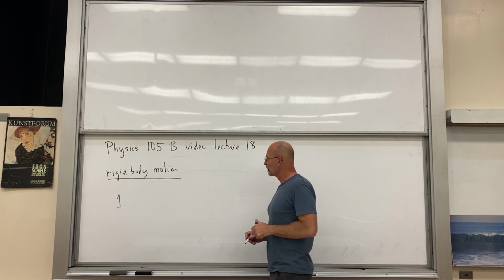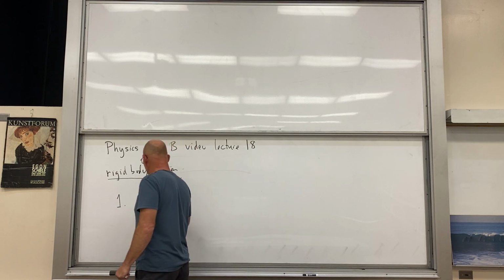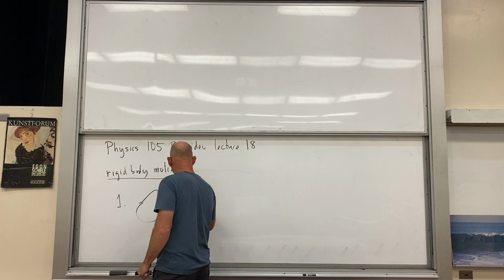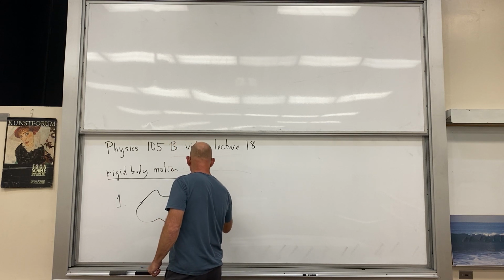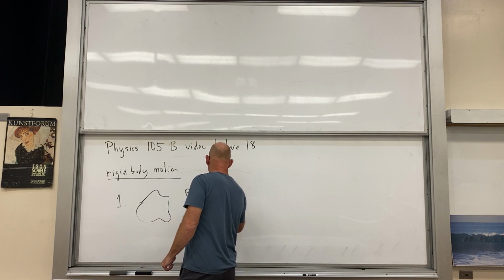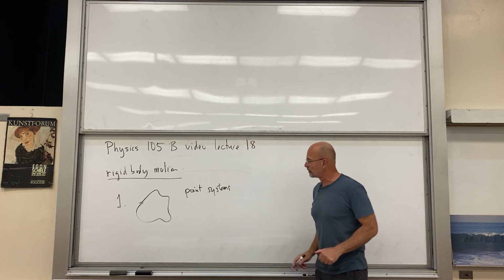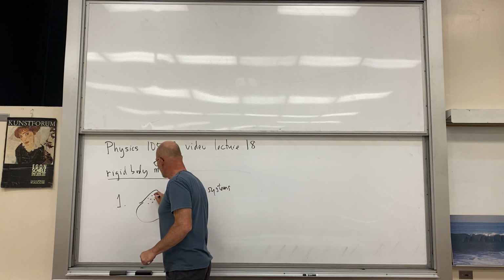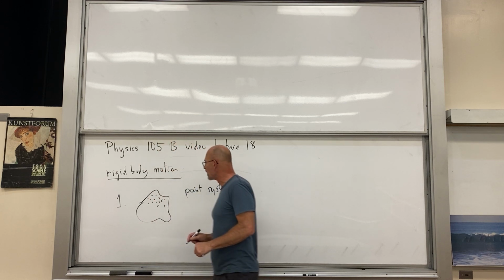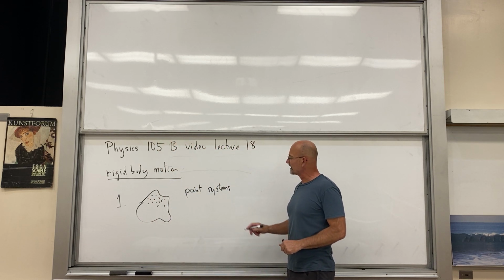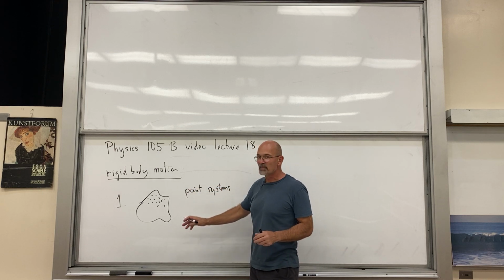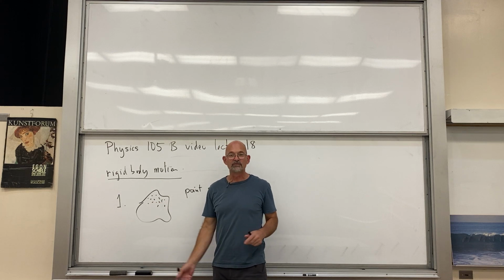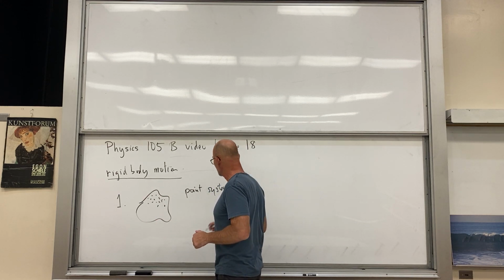So I'll begin with the idea that we've been doing point systems. So systems of point masses, point systems, and here n is a considerable number, and what makes that into a rigid body is that the separation distances of all these point masses are fixed once and for all.